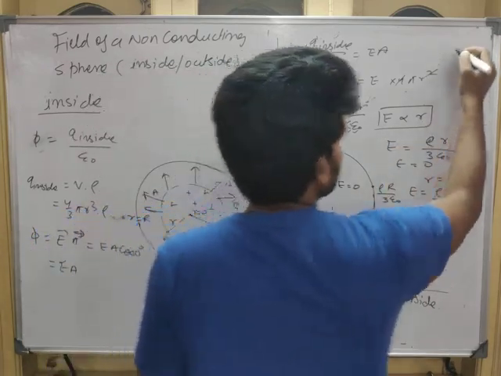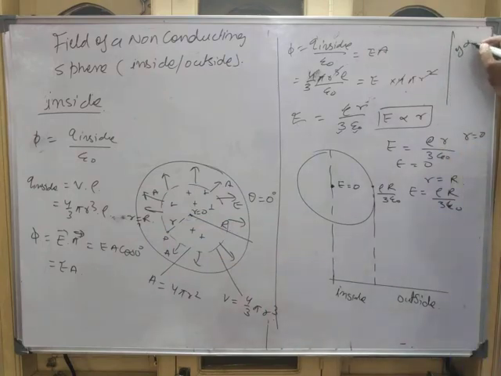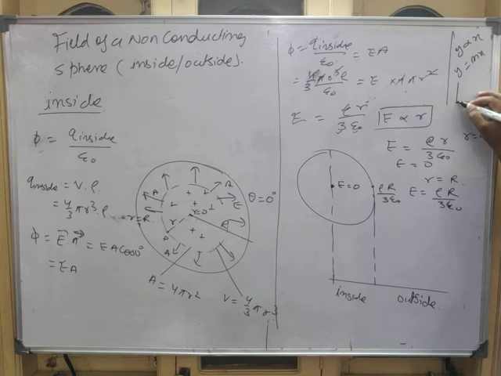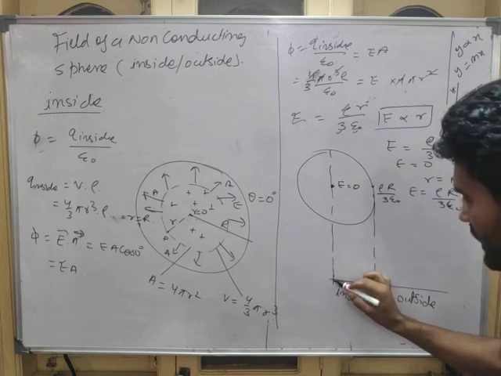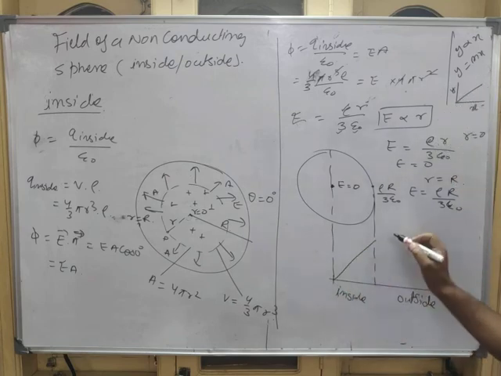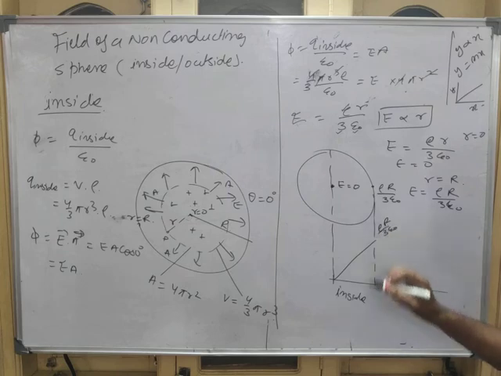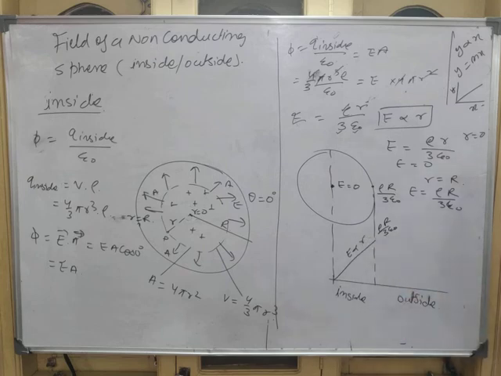If you see the relation y proportional to x, it means y equals mx, a straight line like this. So the field will increase linearly from 0 to rho R by 3 epsilon naught, and the relation here is proportional to r.